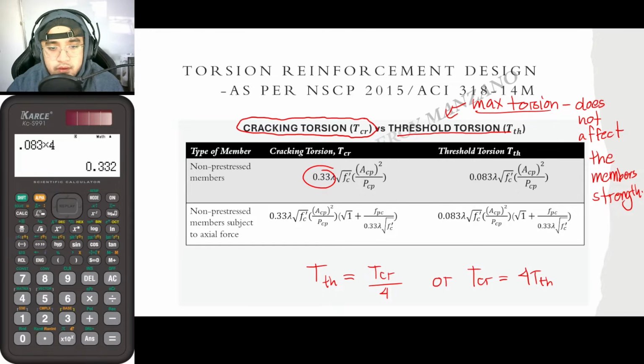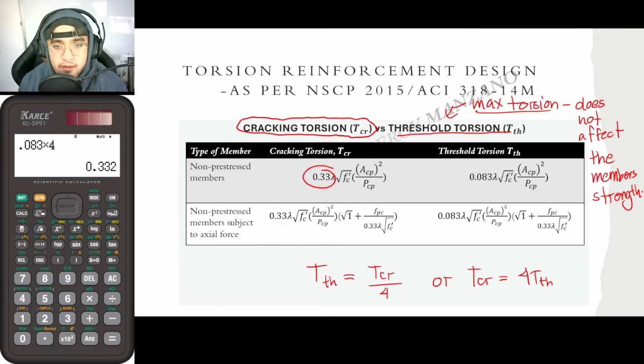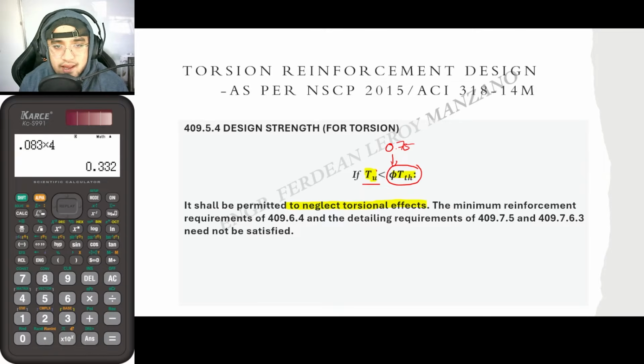And if we really want to know if we need to design our beams in torsion, this is now our basis. Once again, if the ultimate torsion TU is less than phi times the threshold, where phi is equal to 0.75, and TTH is given by this equation here, then meaning that we do not really need to design torsion reinforcements.